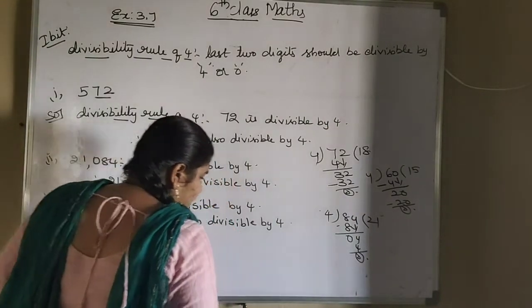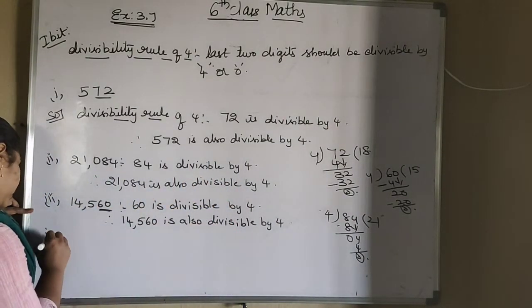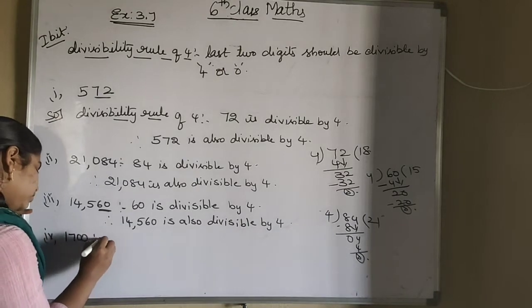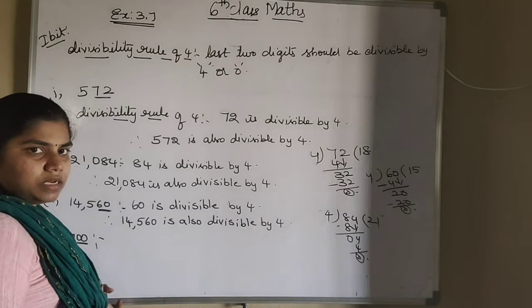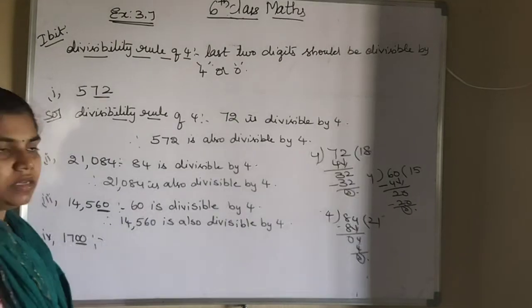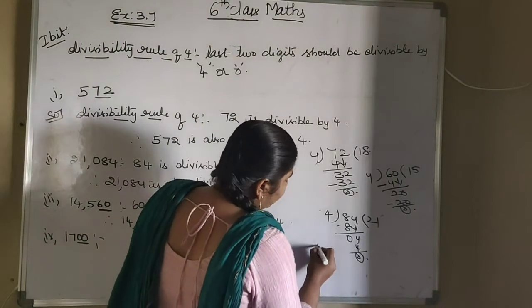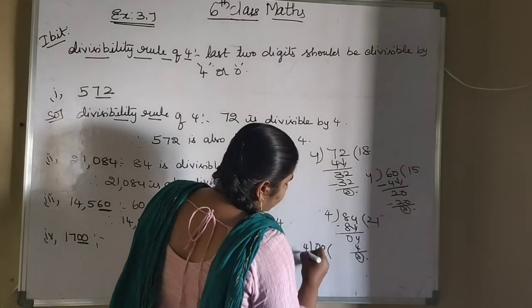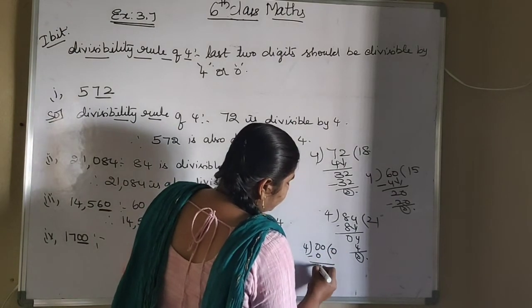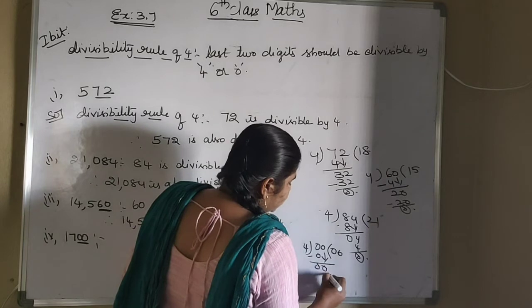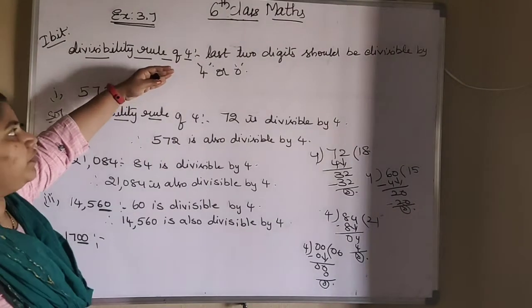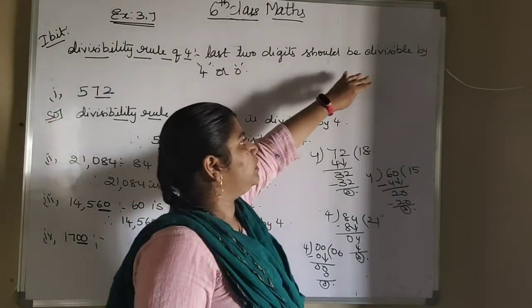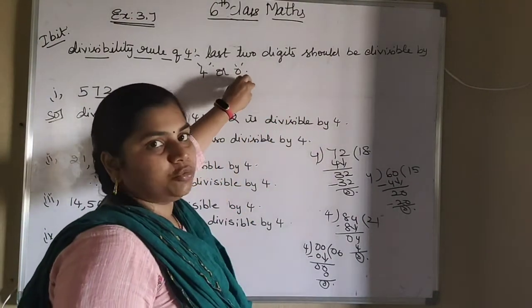Next number is 1700. If the zeros are divisible, the whole number will also be divisible. So are zeros divisible by 4? Yes, they are divisible. 4 zeros are 0, 4 zeros are 0. So it is divisible. In this condition also, the last two digits should be divisible by 4 or they should be zeros.